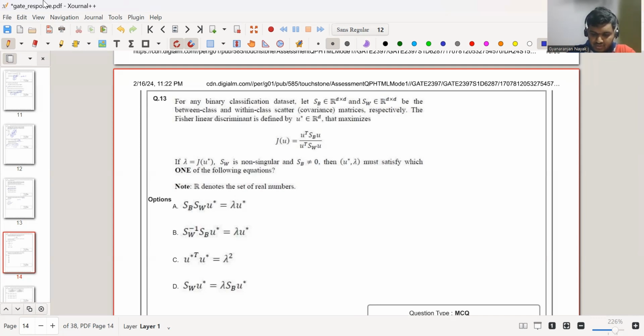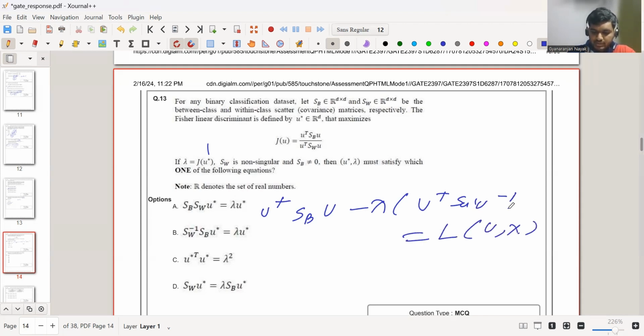So here U transpose SB U minus lambda times U transpose SW U minus 1 equal to L of U, lambda. Okay, so if you differentiate L with respect to U, then 2 SB U minus 2 lambda SW U equal to 0.